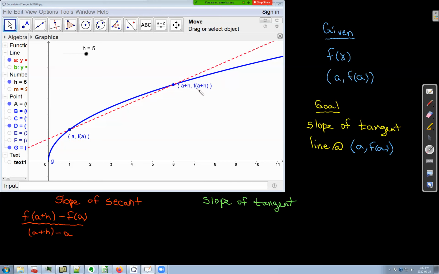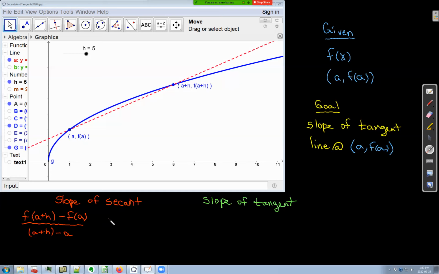Here's y2 minus y1, and here's x2 and here's x1. That's why I hate formulas. Anyway, the change in y coordinates is this, and the change in x coordinates is this.